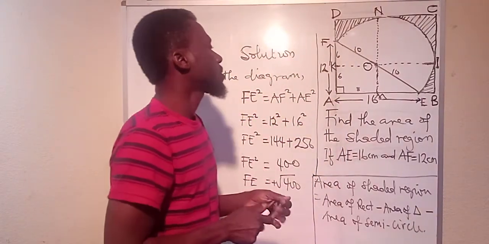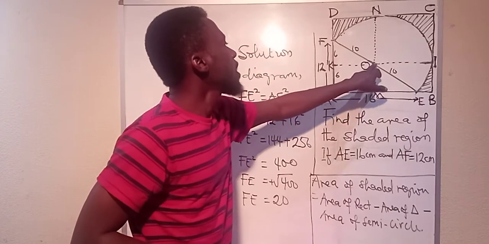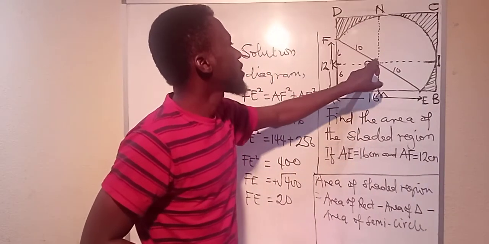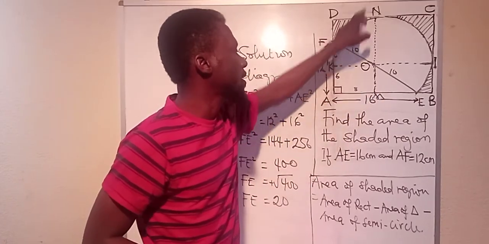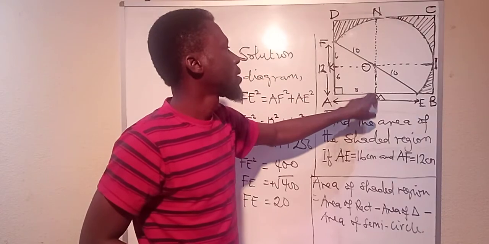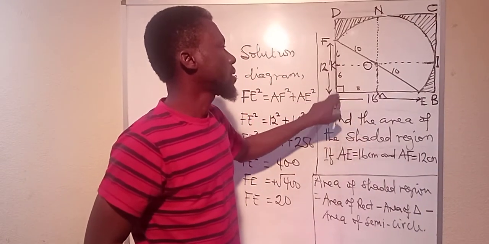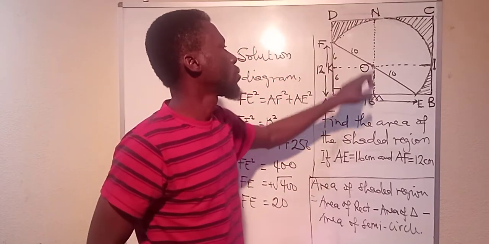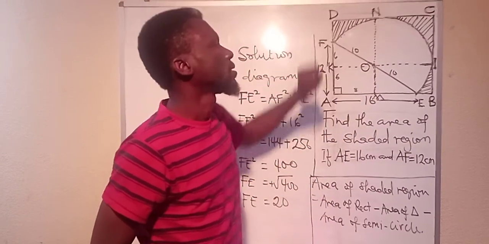Then it means that OF is the same as ON, which is 10. So ON is 10, and 10 plus 6, that is AK plus ON, will give us AD. You understand?